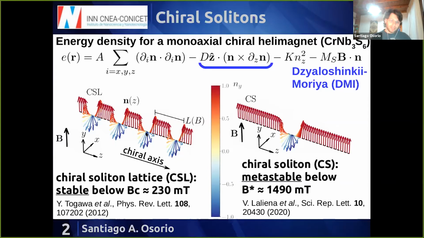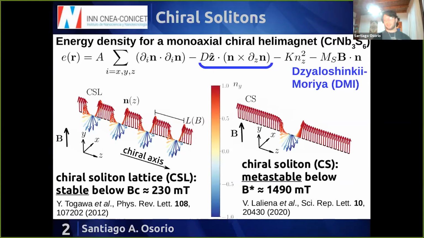And when the magnetic field is increased, this state survives up to a critical field, which is around 230 millitesla. But it was shown that we can obtain a single chiral soliton as a metastable state, even above that critical field of 230 millitesla.